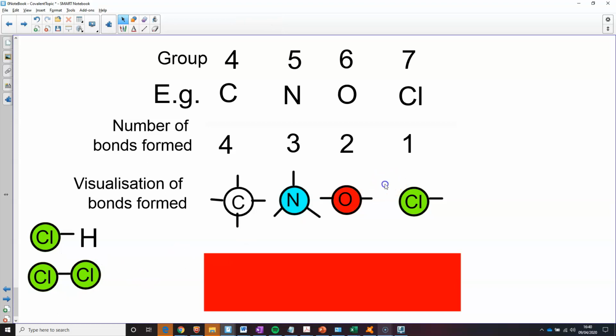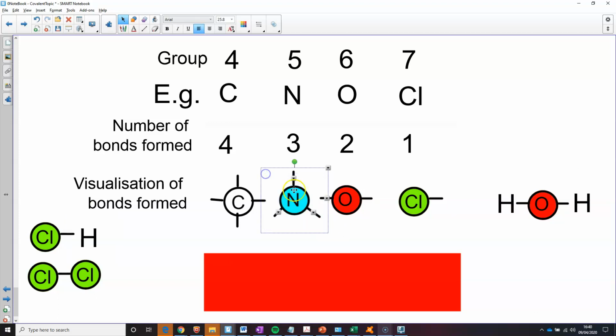We then had also water, where we had oxygen in the middle and 2 hydrogens. We also had ammonia. You can see for each of these, in all the compounds formed, there are no spare bonds.